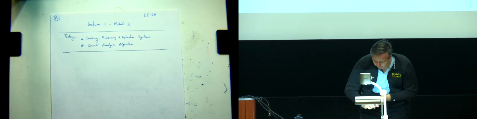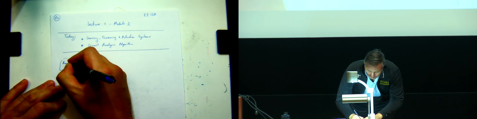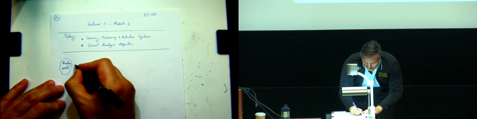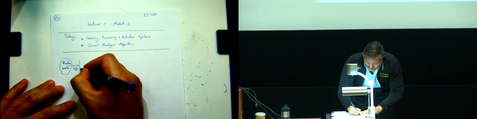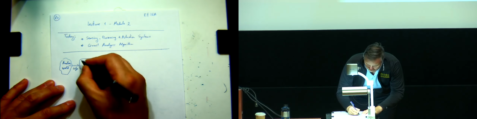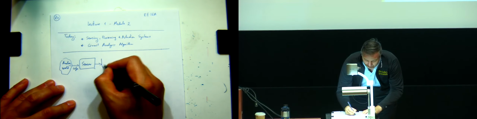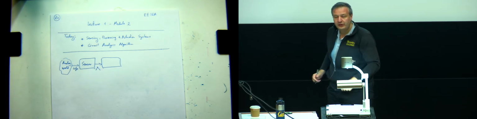Okay, so what we're really talking about here is having some analog world here, and there's some information that we're trying to sense. And the role of the sensor is going to be to convert that information, which could be light, like in images.